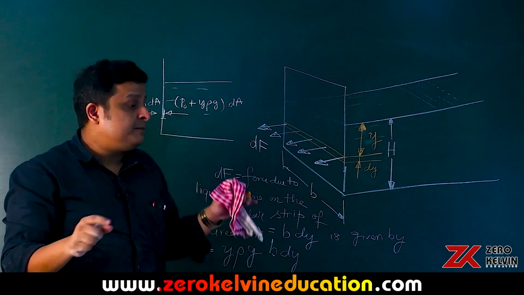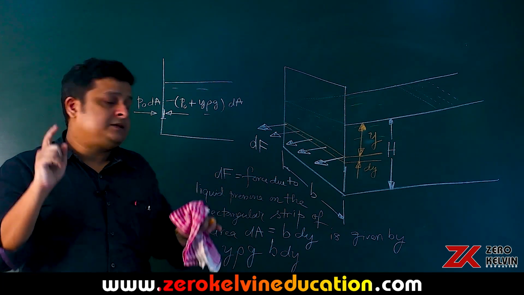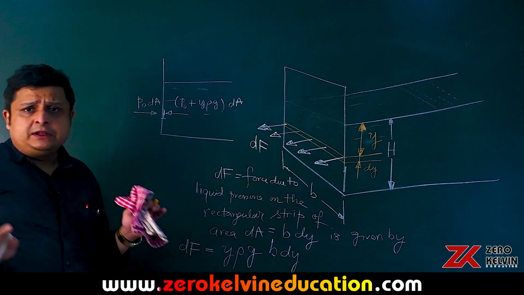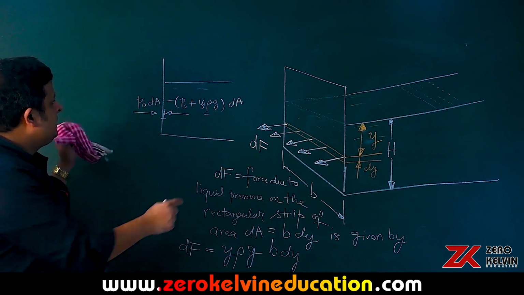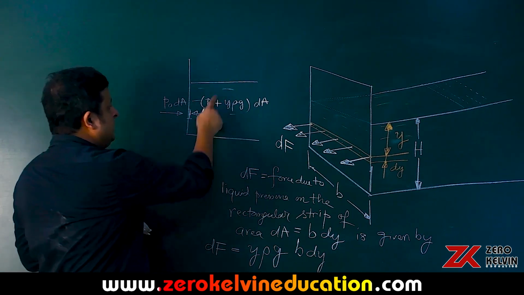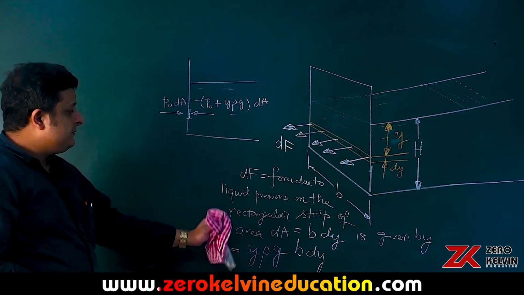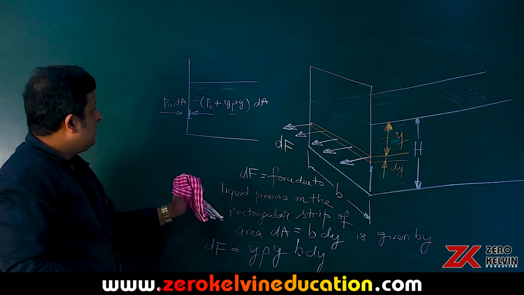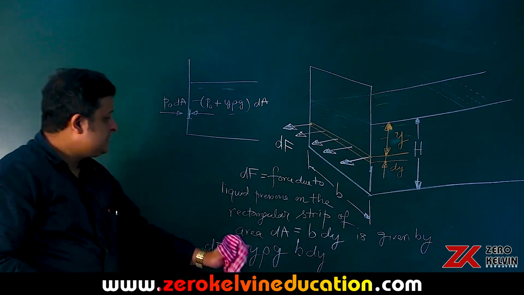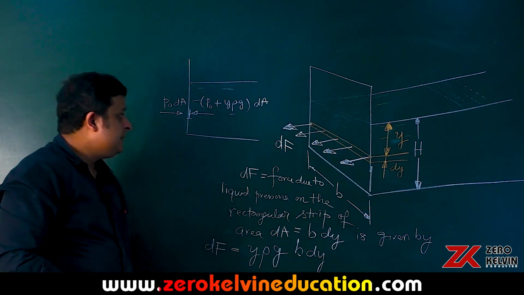It's a huge pressure. P naught is 10 to the power 5 Newton per meter square. By the way, that is not taken into account, because it acts from both sides. So the only thing which survives here is Y rho G times dA. So dF is Y rho G times dA, and dA is equal to B dy.